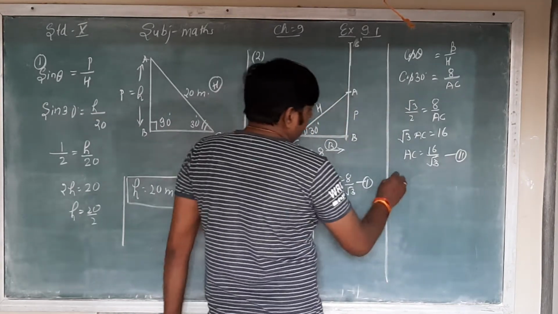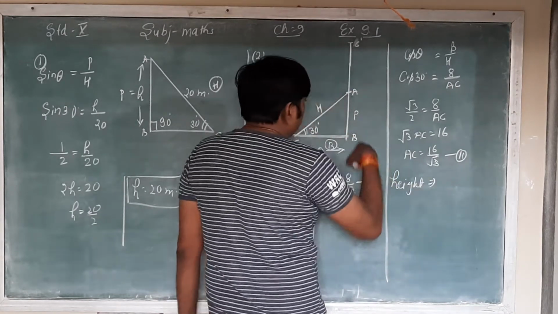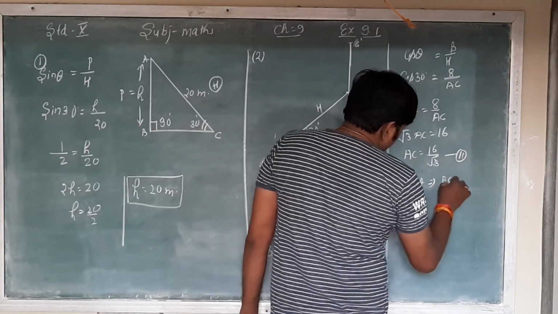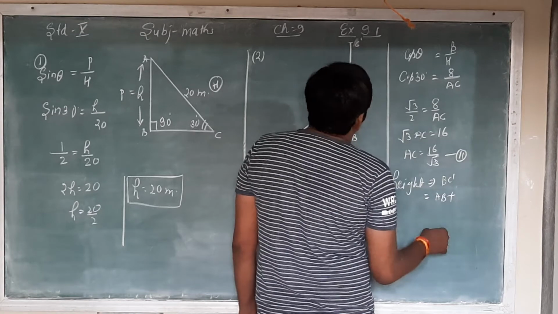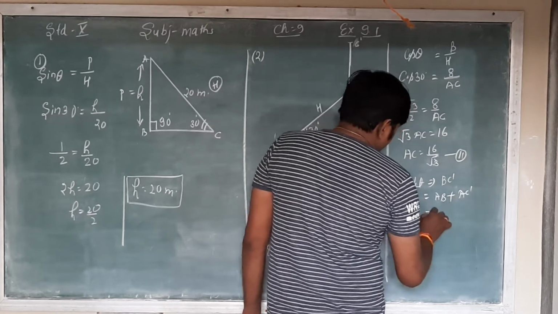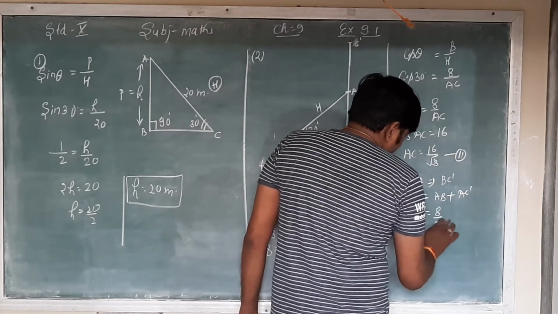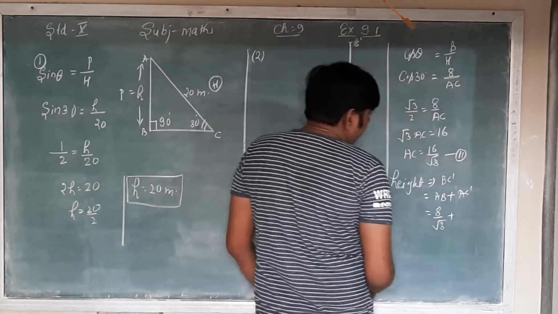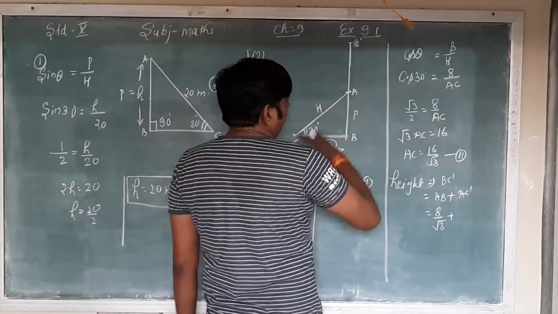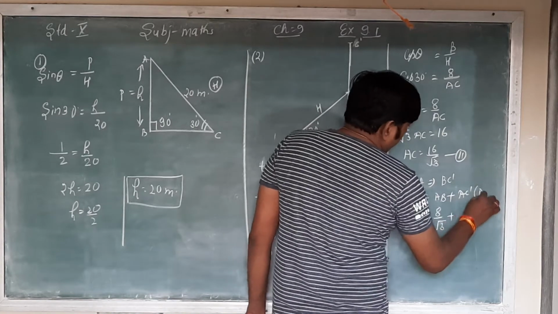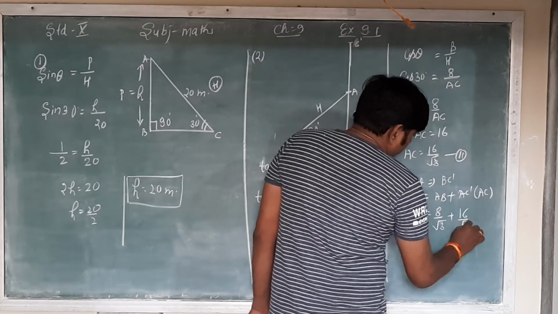The height of the tree, the total BC dash, is AB plus AC dash. AB is 8 upon root 3, and AC dash equals AC because it is the broken part, which is 16 upon root 3.